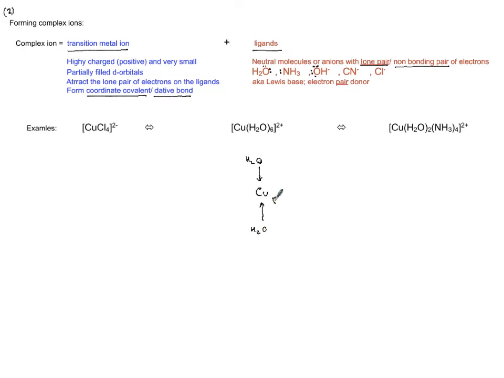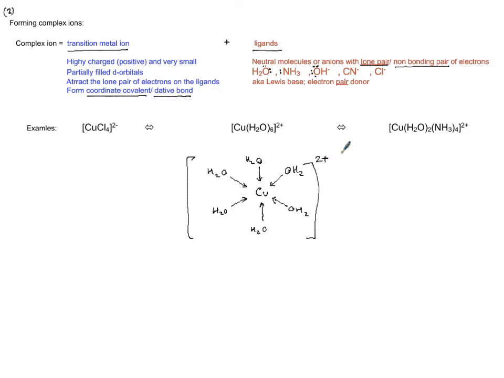Then you will have, instead of H2O, sometimes I write it as OH2. I just want my oxygens to be in front of copper, H2O. Then we usually put it in a bracket and put the overall charge, in this case 2+.